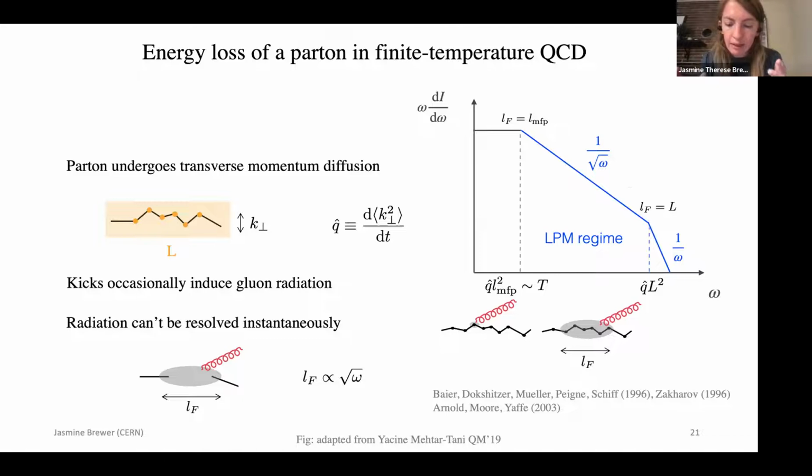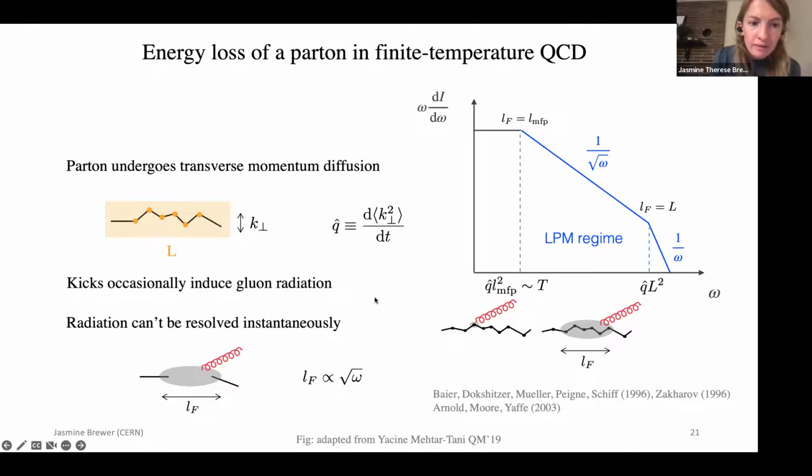But if you think about the case that you have just one parton, like one quark or gluon in a finite temperature medium, then there's a fair amount of progress you can make on understanding the interactions of that parton with the medium and what happens to it. And this was a lot of groundbreaking work already back in the 90s.